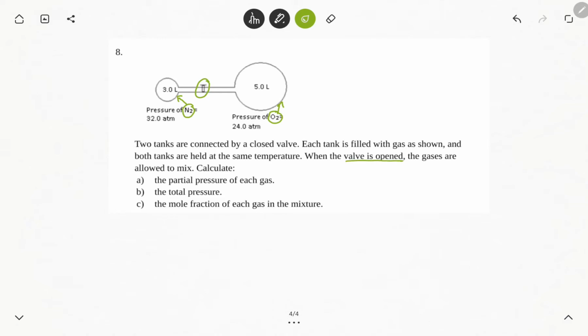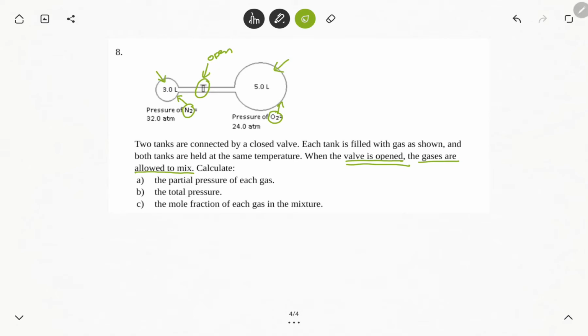When we open the valve, the gases are allowed to mix. Before the valve is open, we only have oxygen gas here and nitrogen gas here. But when we open the valve, these two gases are mixed together, and the volume will change.